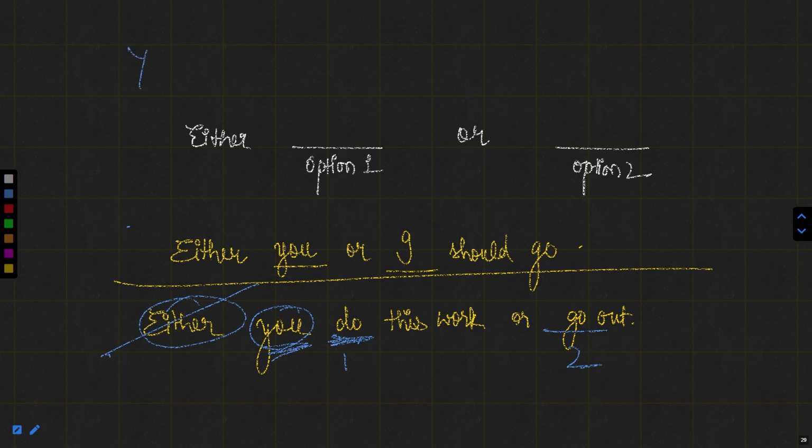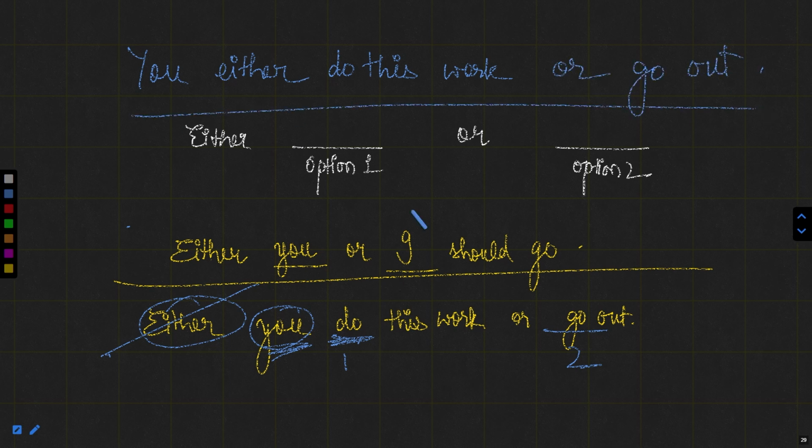The correct sentence will be, you either do this work or go out. Do this work or go out. So this will be the correct structure of using the pair either or. Because whenever we have two options, we have to use either or with those options only.